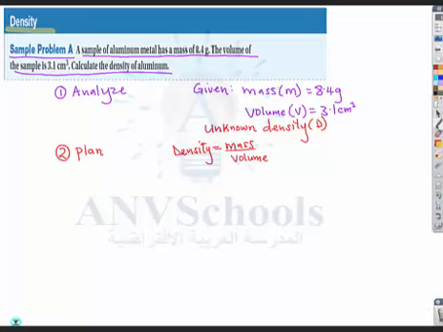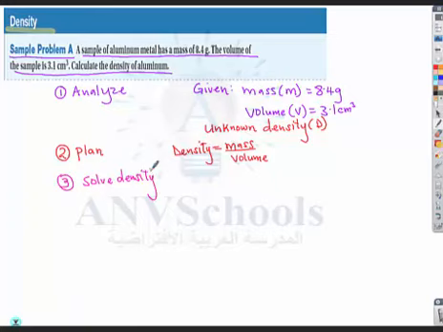The next thing we will do is to solve density. So number 3, solve density.